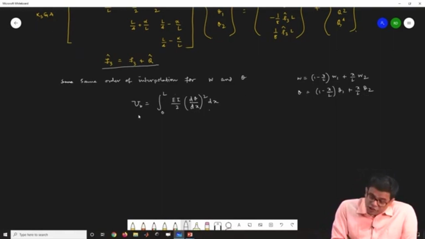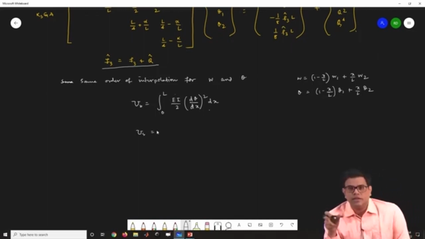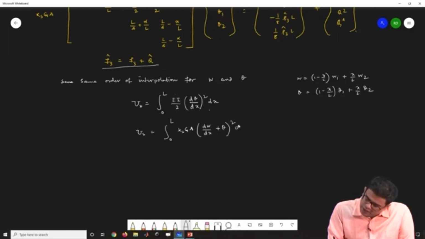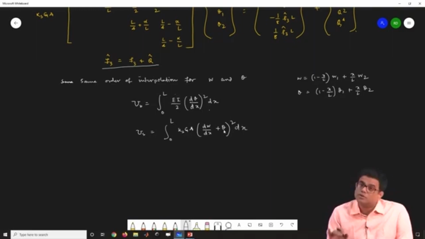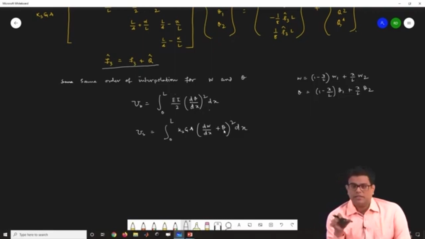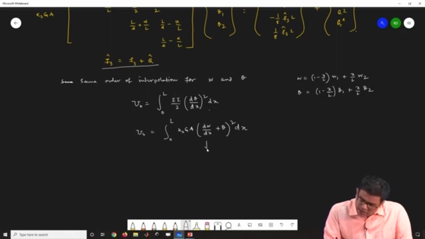But the shear strain energy, which is negligible in the case of a thin beam, I will use the same expression with KSGA. The shear strain energy is the integral of KSGA by 2 times dW dx plus theta, whole squared, dx. Now here if you see, dW dx is constant, right? But theta is linear. So this creates the problem.